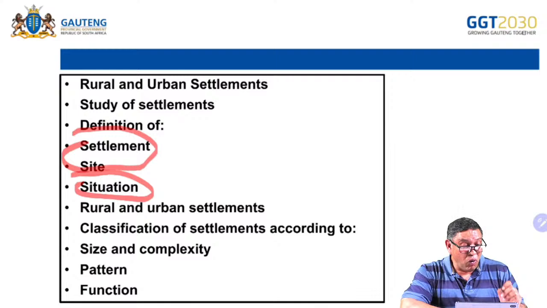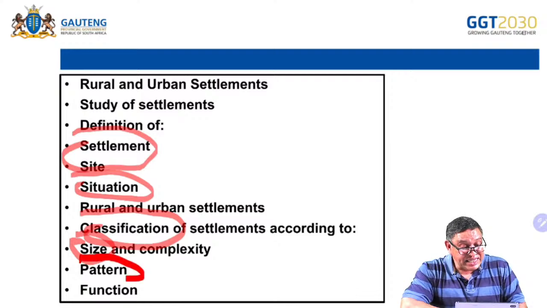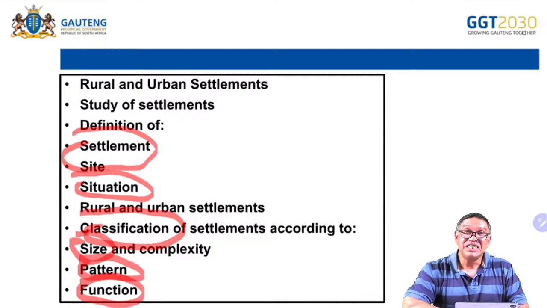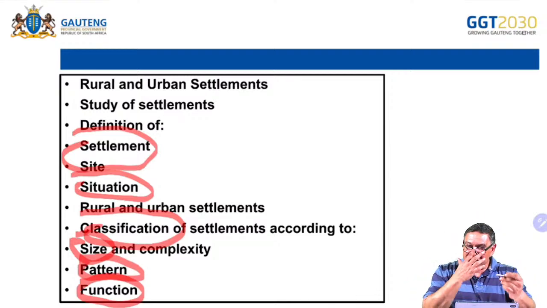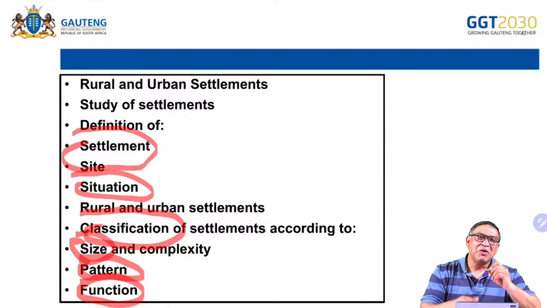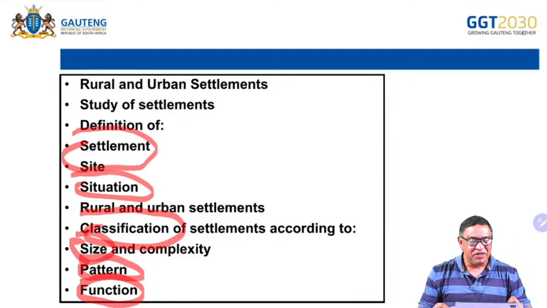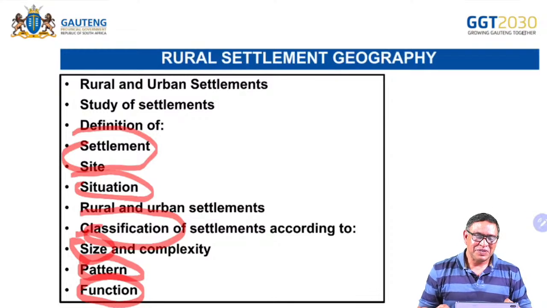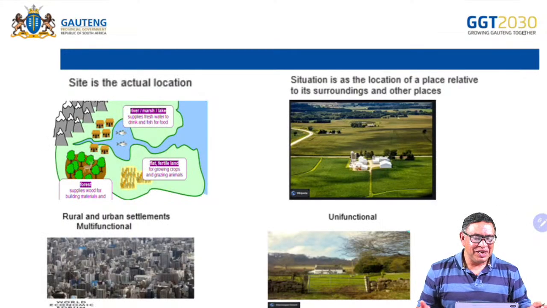We talk about classification: size, pattern, function, shape, the differences in the words, and we need to highlight them when answering because we may give the shape instead of the pattern. Okay?